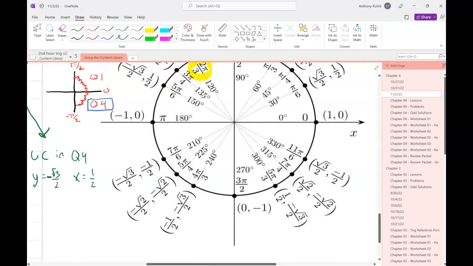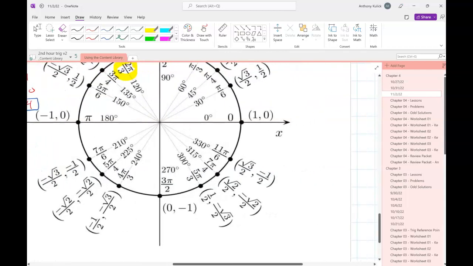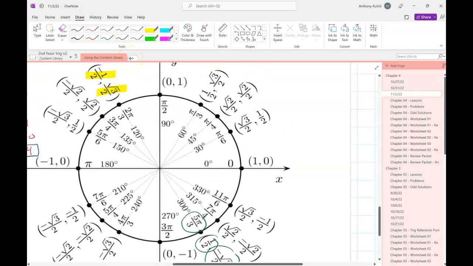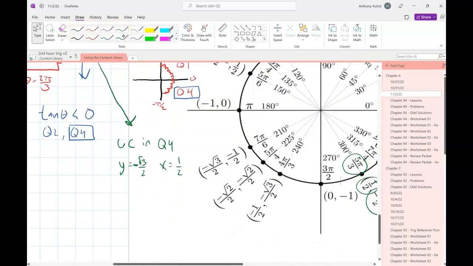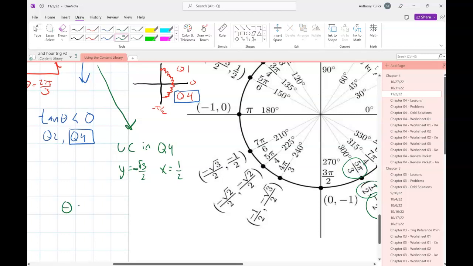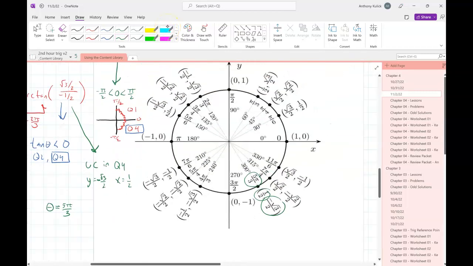Okay, so let's go to quadrant 4 and find that. My x is 1/2, and my y is negative root 3 over 2. So I have 5 pi over 3. Unfortunately, that's not the correct answer. What's wrong with that? It's too big.